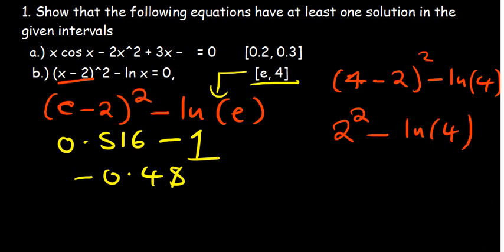So what is it going to give us? 2 squared is 4, and the natural log of 4 is 1.39. So if you subtract, approximately you're going to have a value of 2.61.